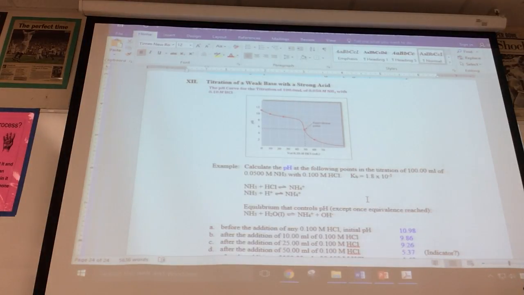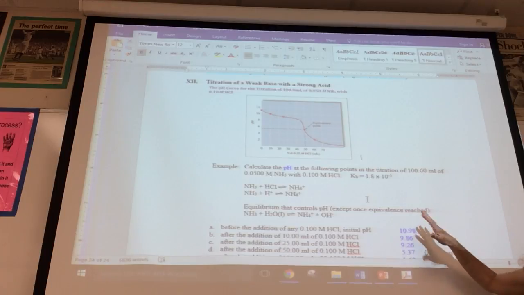What would be the volume at the half equivalence point? 25 mils. What's the pH at the half equivalence point? 9 and change, and that would be equal to the pKb, okay? So again, be comfortable with the mirror image type curve.